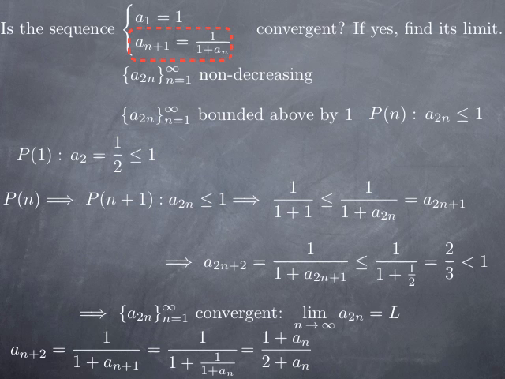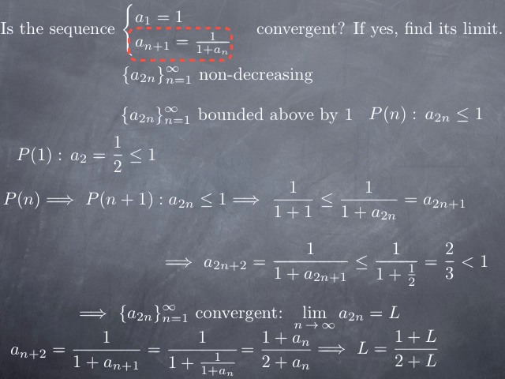That's the relationship that I'm going to use either for the sequence indexed by even terms or the subsequence indexed by odd terms. Regardless, the function 1 plus x over 2 plus x is continuous, and I know that my sequence indexed by 2n has a limit L, so L must be a fixed point for that.